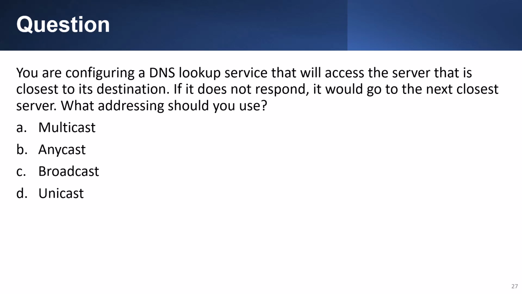Question: you're configuring a DNS lookup service that will access the server that is closest to its destination. If it does not respond, it will go to the next closest server. What addressing should you use? Answer: Anycast.